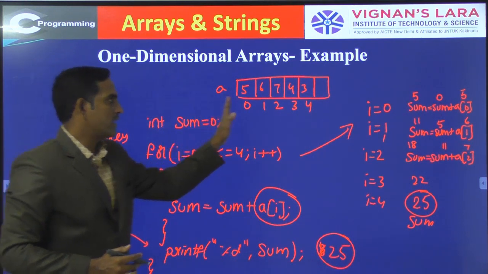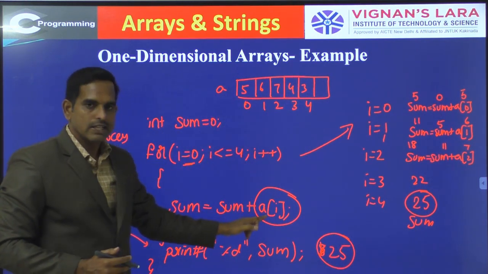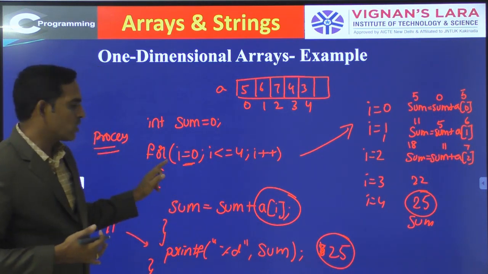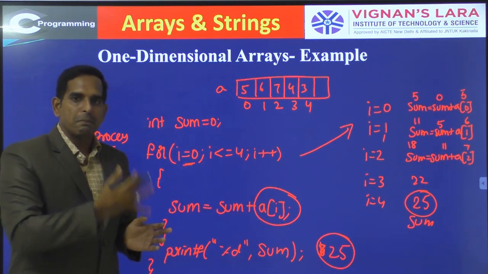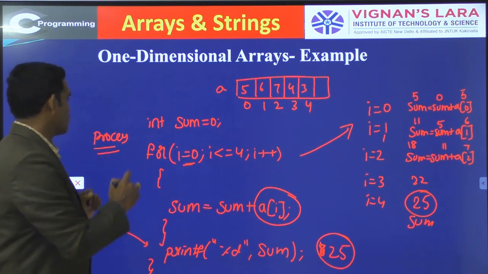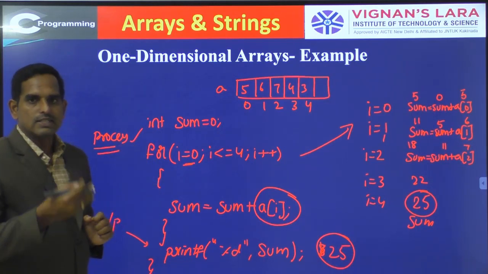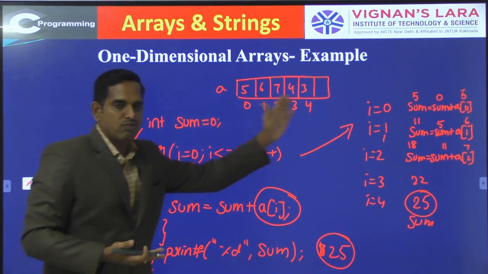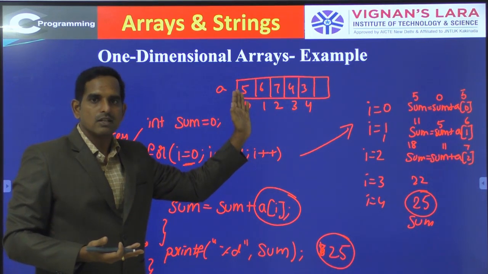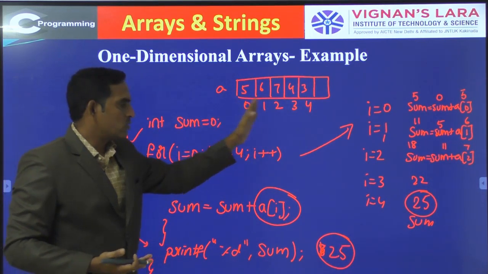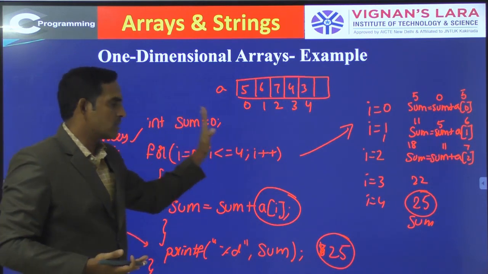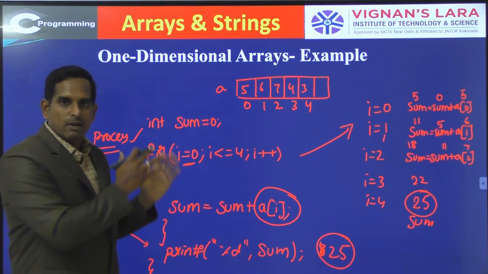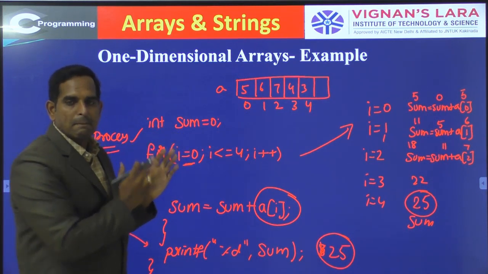If I want to add the sum of elements in your array, you should be able to use this for loop and array to perform that processing. Whether I have to sum all these elements, or sum alternative elements, all these things will be run from this processing part.